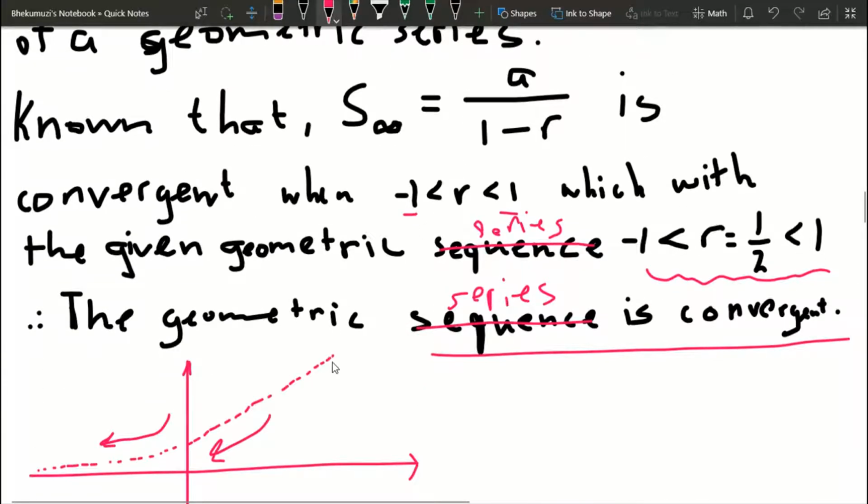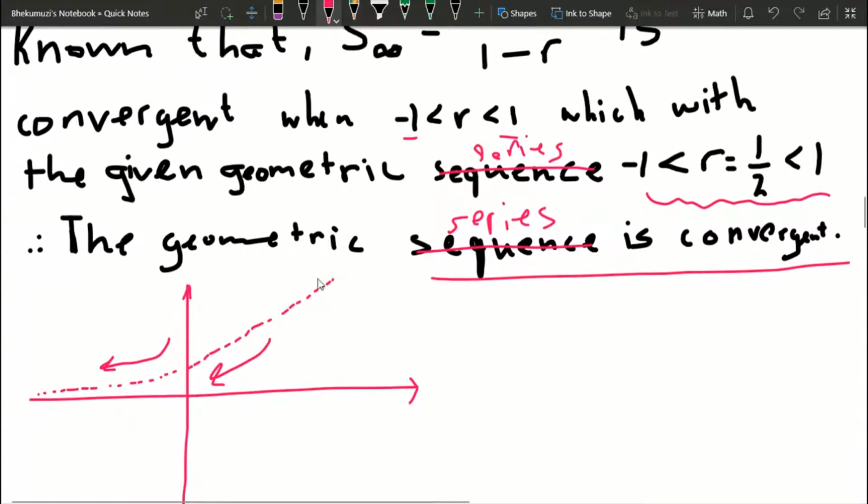Or any number that is between -1 and 1, and we know that this would make it slant in the other way, right? It slants in the other way, and you know that generally this would mean that in actual fact it does sort of move towards a certain number, and that is what convergence means.